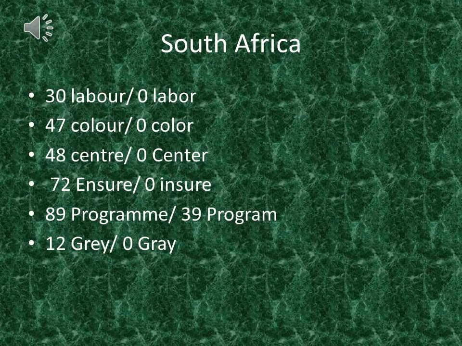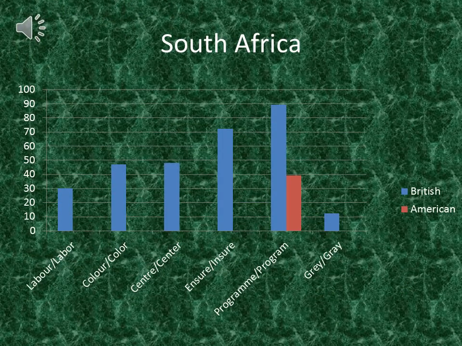I struggled to find enough words contained in the South African corpus which could help to confirm whether they lean more towards the British or American way of spelling English. However, the few words that I did manage to find once again show British English is the dominant language.